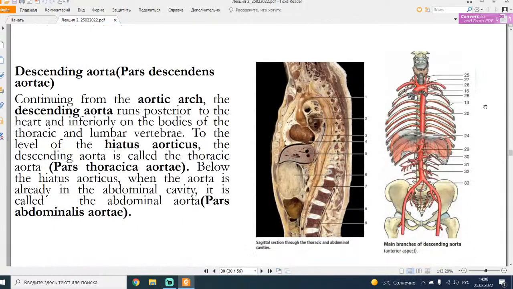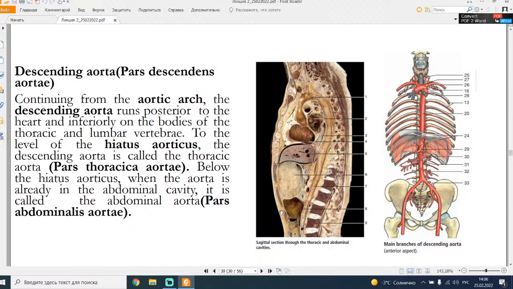Descending aorta, pars descendens aortae, continues from the aortic arch. The descending aorta runs posterior to the heart and inferiorly on the bodies of the thoracic and lumbar vertebrae.